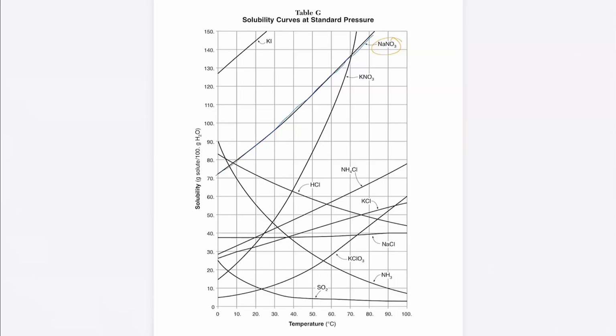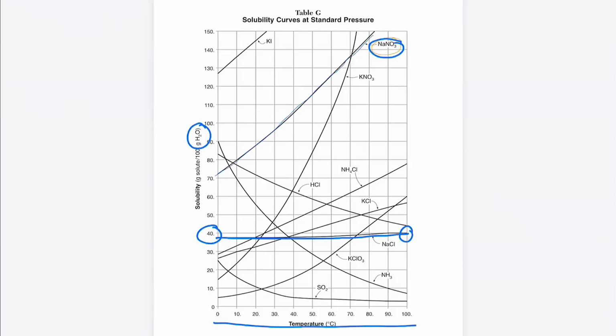And then we have sodium chloride, NaCl, which has this curve. All right, and you could see at these grams here, sodium nitrate at every single temperature in 100 grams of water is more soluble, right? If I compare the solubility, let's say at 100 degrees Celsius, I can see that a saturated solution of NaCl is about 40.